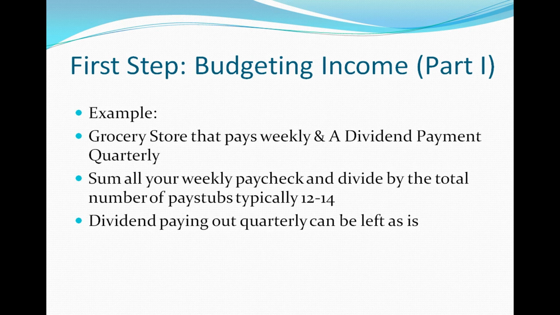For the grocery store that gets paid weekly, I want you to sum up all of your weekly paychecks and divide by the total number of paychecks, typically somewhere between 12 to 14. And that's how you determine your average per pay cycle.